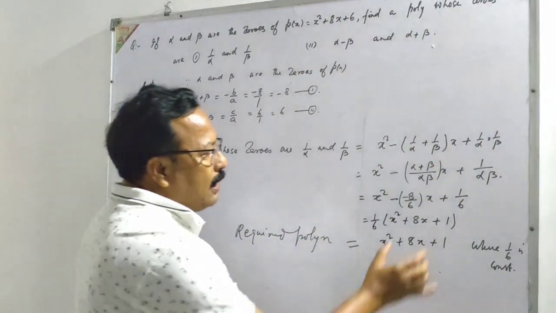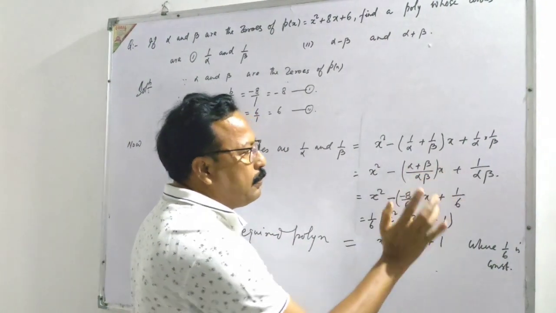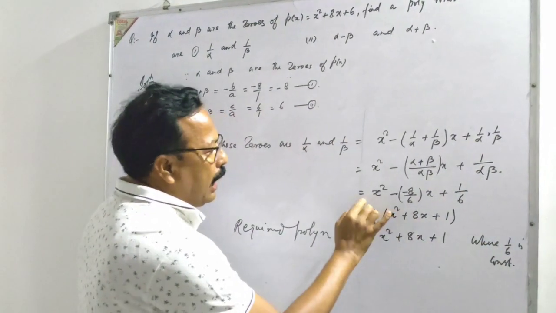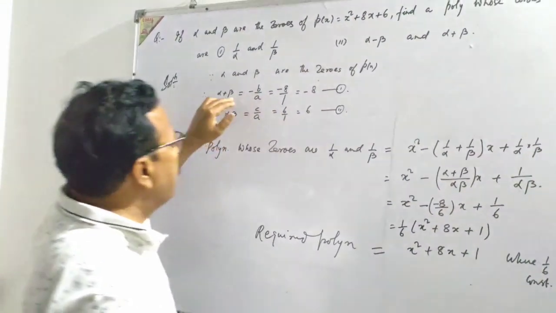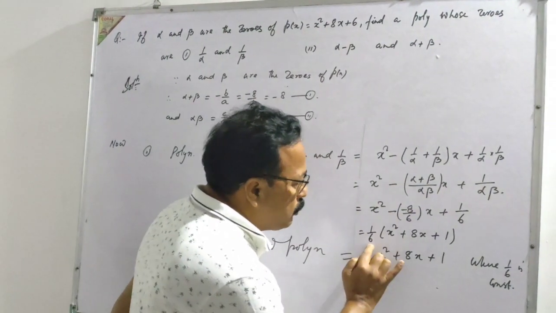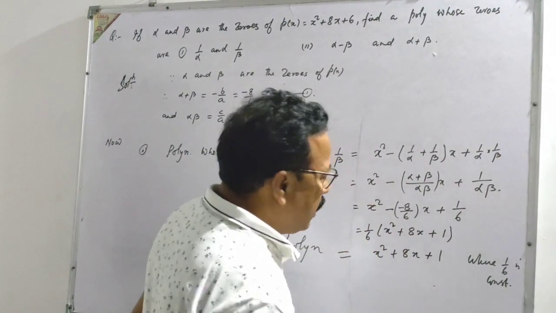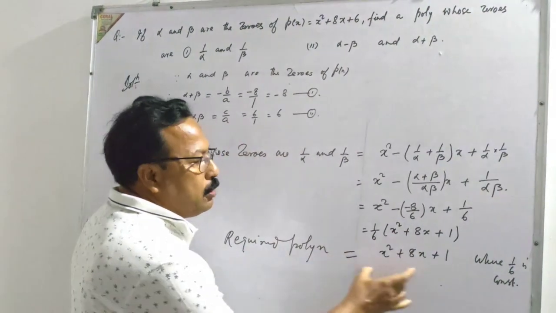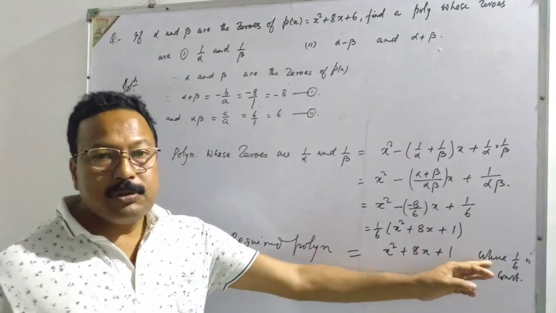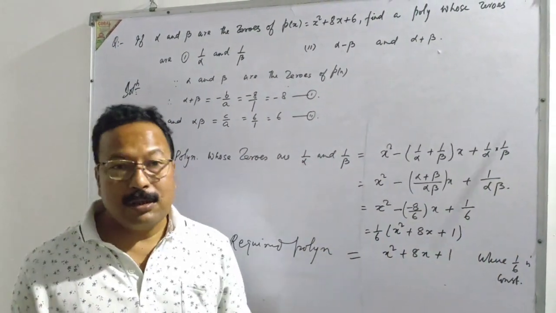After getting the LCM alpha beta, you will get alpha plus beta into x plus 1 upon alpha beta. Putting the values of alpha plus beta and alpha beta from equations 1 and 2, you will get 1 upon 6 into this one, and the required polynomial is x square plus 8x plus 1, and 1 upon 6 is considered as the constant.